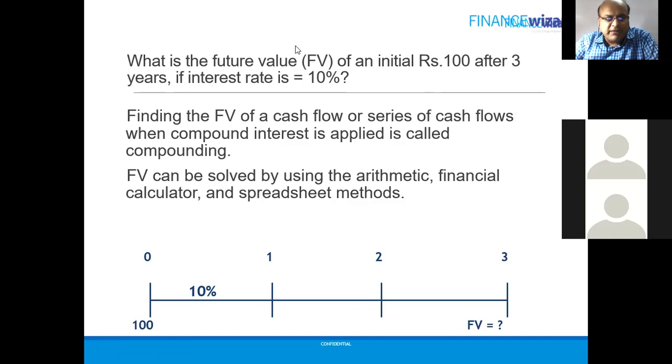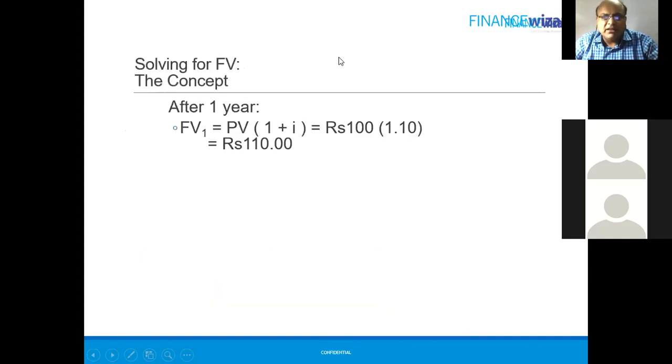So how will the timeline look? The timeline of this particular case will look like this: at time 0 you have 100 rupees, and we want to calculate the value at the end. If we use arithmetic, it will be something like this. After 1 year, future value would be 100 into 1.1, 110.